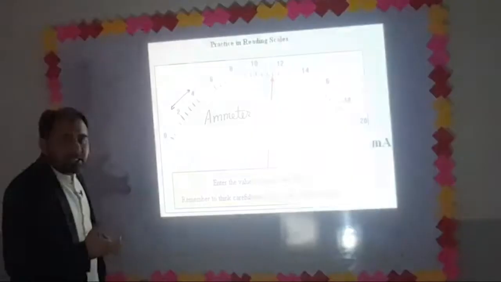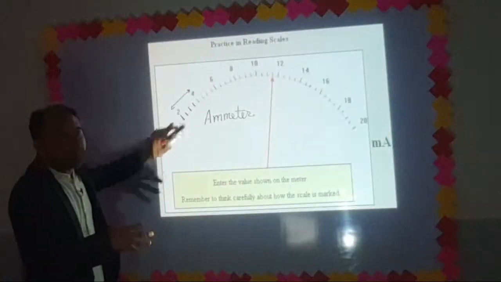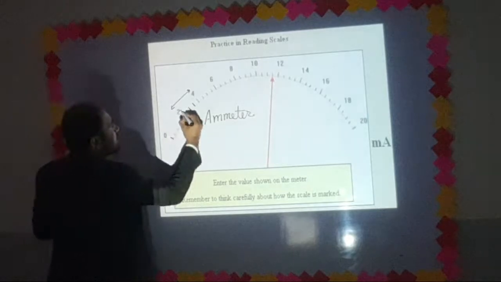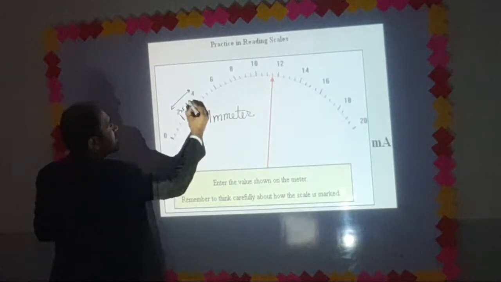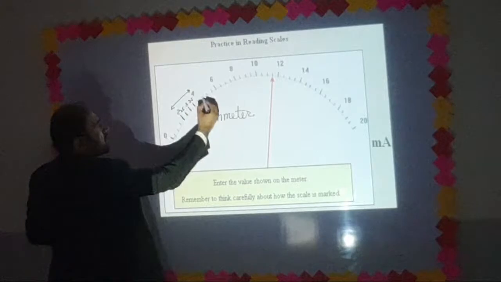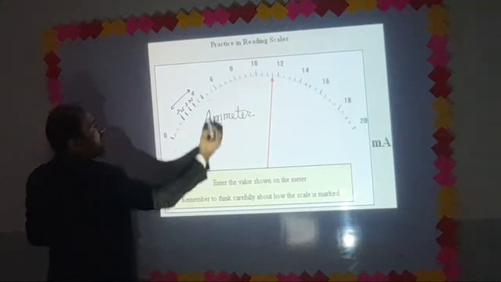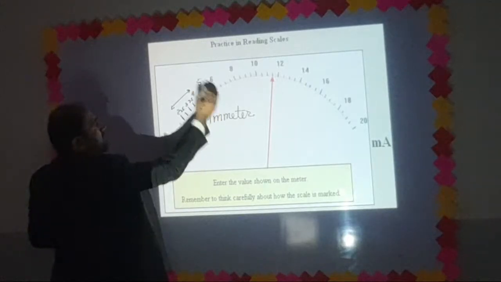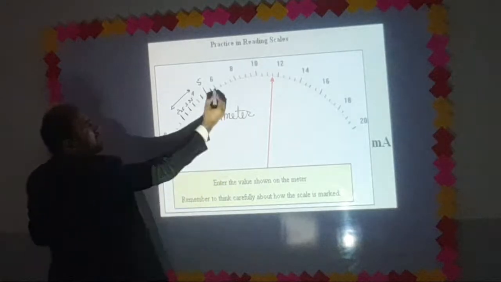Just by looking at the number of divisions between two calibrated points. This is 2, this is 2.5, this is 3, this is 3.5, this is 4, this is 4.5, this is 5, this is 5.5, here is 6.